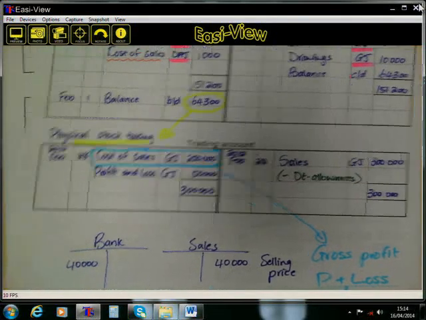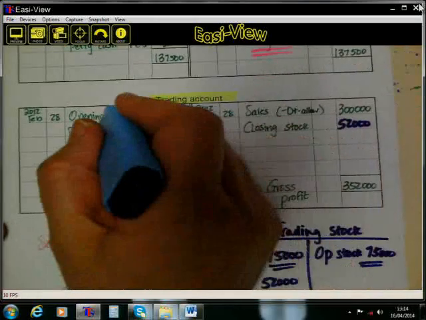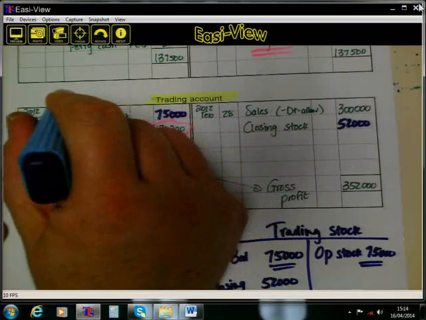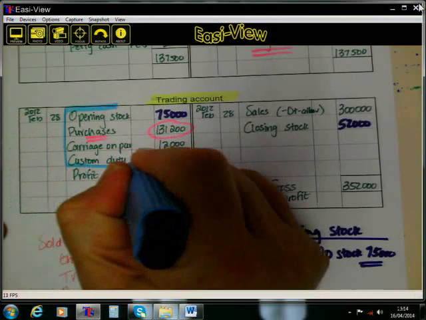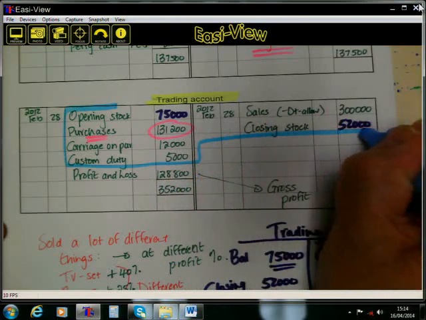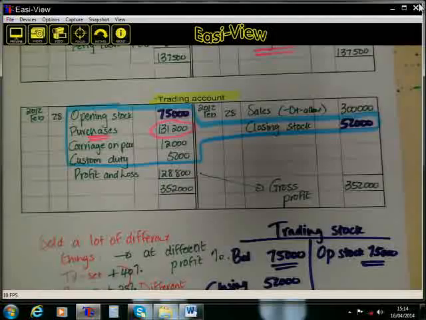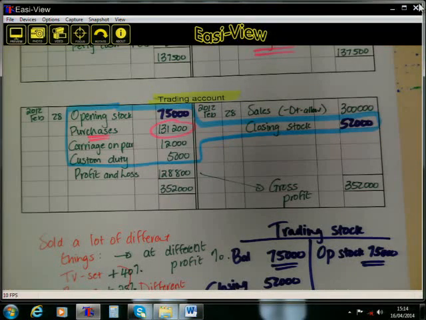Sales on the credit side, profit and loss on the debit side. So I'm going to make a block, but I'm going to leave out profit and loss, and I'm going to leave out the sales. And there's my cost of sales.